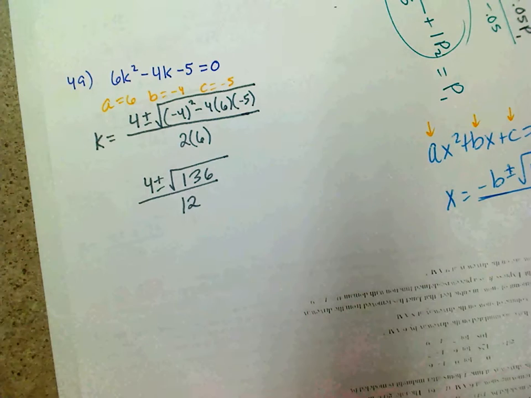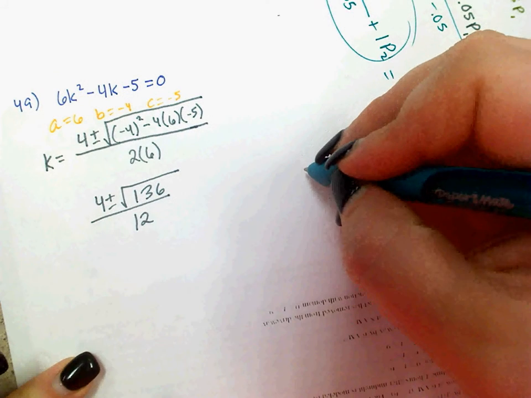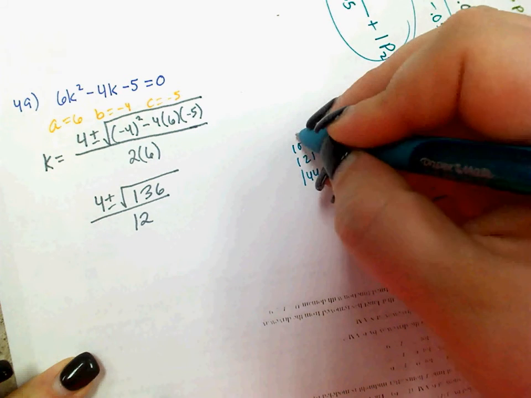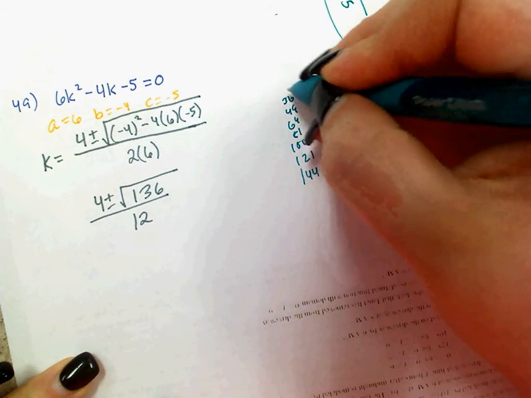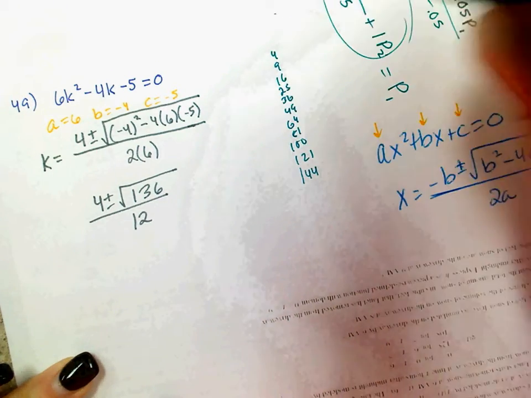Now, 136 is not a perfect square. It's not in my list, but it's even, so it could be that it has a perfect square that divides out of it. So we're going to go ahead and check. In my list of perfect squares, I've got 144, and then 121, 100, 81, 64, 49, 36, 25, 16, 9, 4, right?